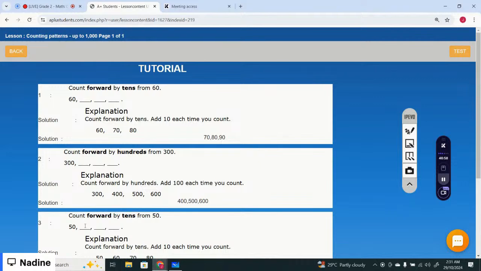So you have to start from 60 and count forward by 10. For each next number you need to add 10. So 60 plus 10 is 70. Then you have 80 and then you have 90. Got it? Let's just start with the test questions.